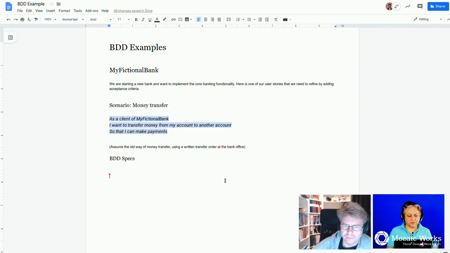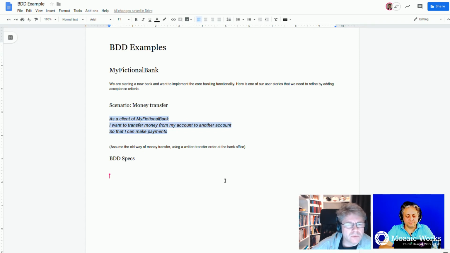I'm a client of this new bank and I want to transfer money from my account to another account. Now the question is, if we are in the context of defining the BDD specs or the examples for this user story, how do we frame this? Where do we start?